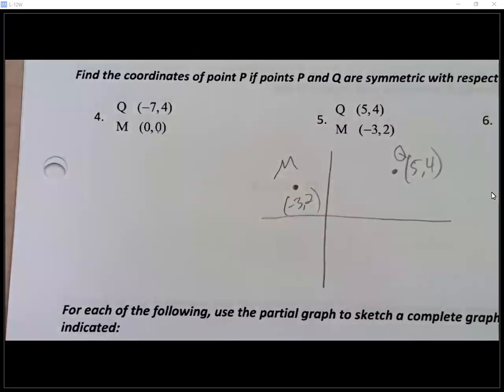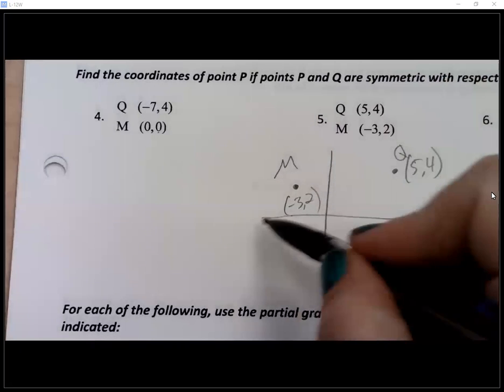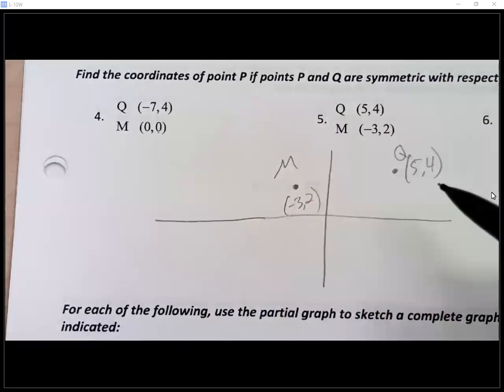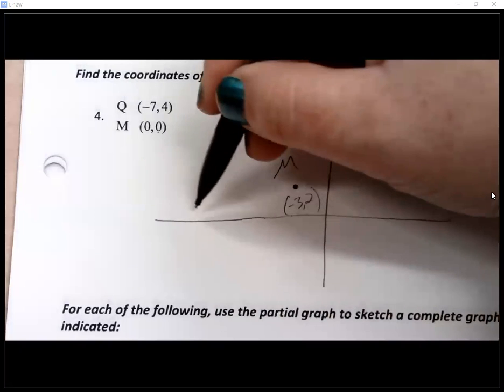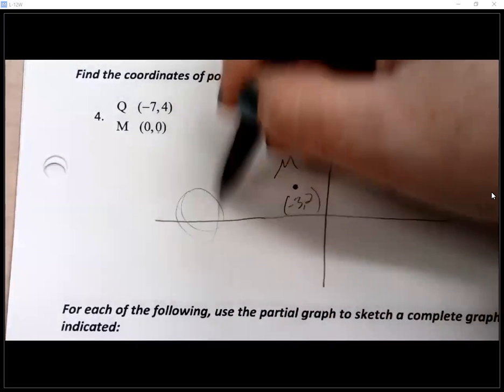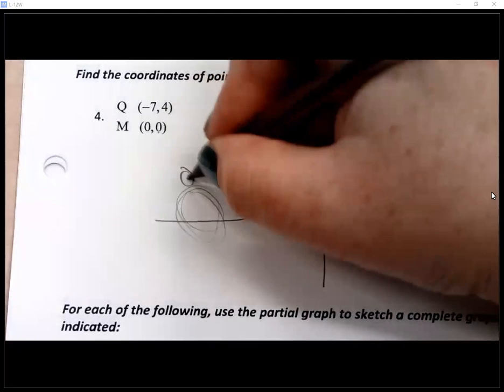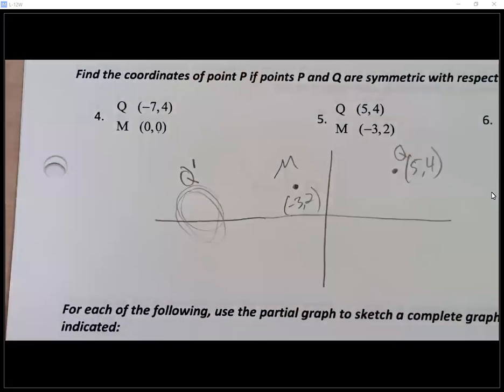Usually we call it Q prime. It'd be somewhere in this region. Anybody think they know where this is going to be? Go ahead.